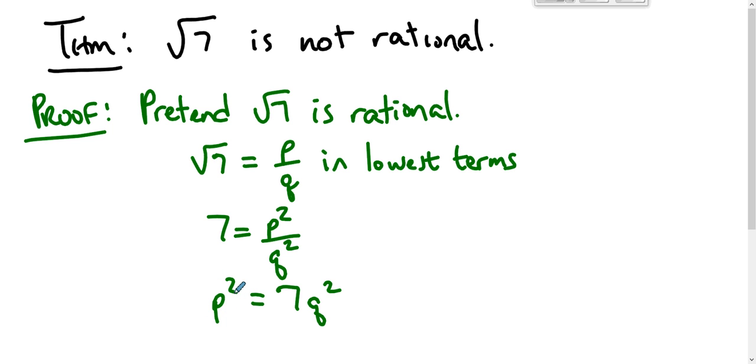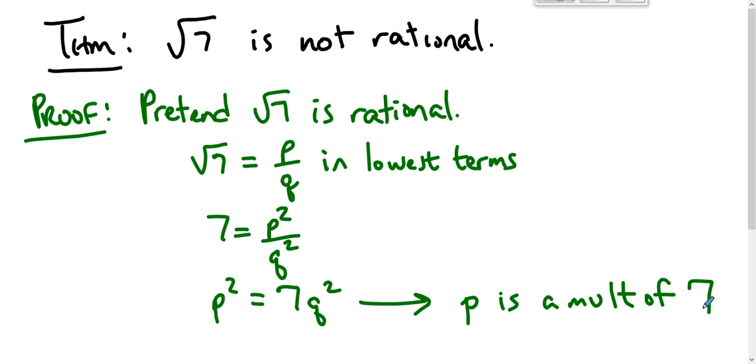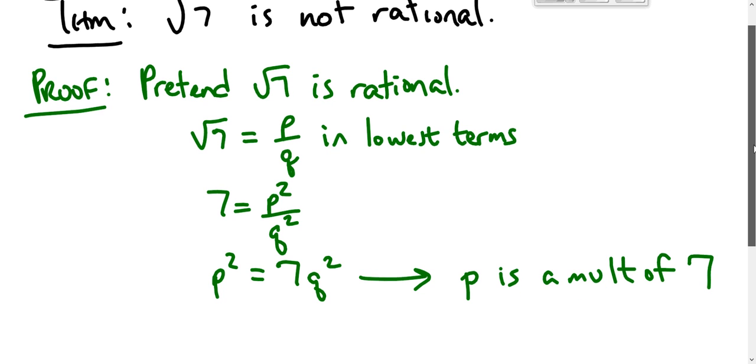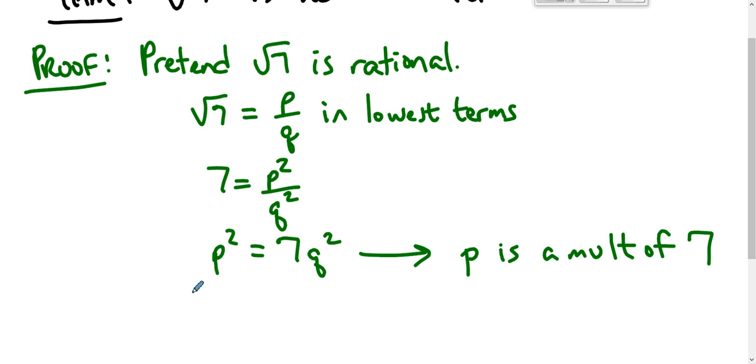And if p squared has a 7 somewhere in its prime factors, then p is a multiple of 7. And if p is a multiple of 7, then it's 7 times some integer.